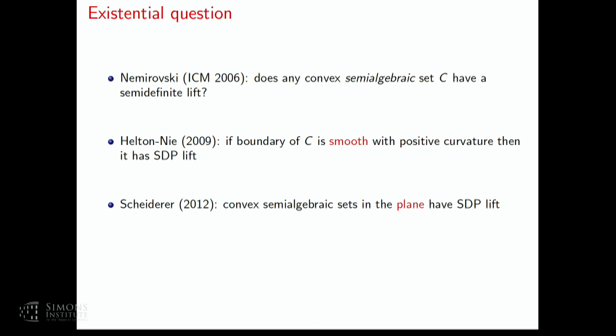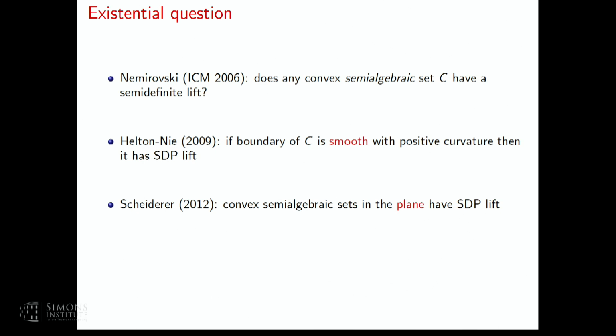Any convex semi-algebraic set in the plane, so in dimension 2, has a semi-definite programming lift. In fact, he showed more generally that in any dimension, the convex hull of any one-dimensional semi-algebraic set has a semi-definite programming lift. If you take a convex semi-algebraic set in the plane, its boundary is a one-dimensional semi-algebraic set, and this is why it implies the conjecture in the plane.